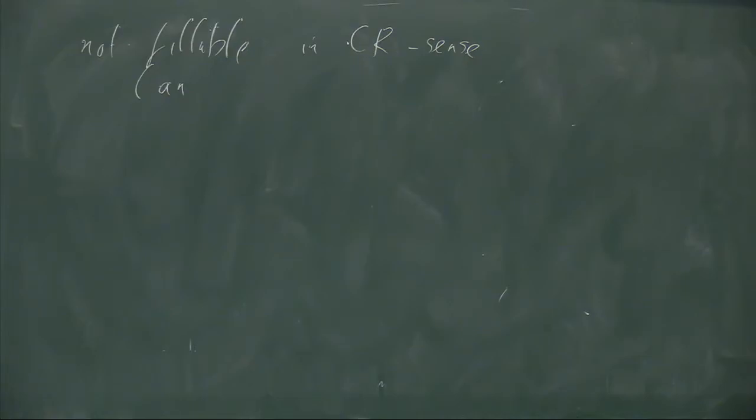But for t equal to 0, they satisfy some kind of symmetry property, and for t bigger than 0, they don't. So they will never descend to a well-defined CR function on S3. So it's a bit of an ad hoc construction. It's very geometric, and very different from symplectic geometry.